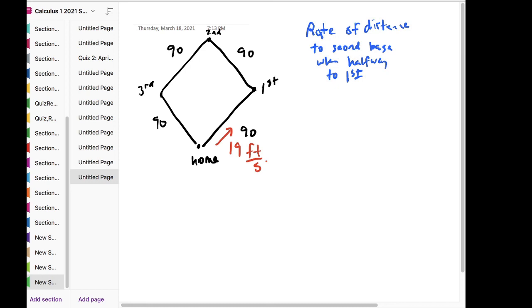So I like to, so here's halfway to first at 45 feet. And there are different points in time. Of distance to second base. Yeah? Is that what you have? Okay.